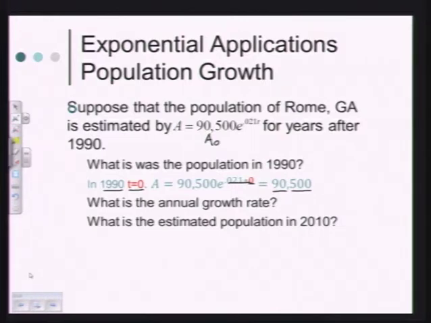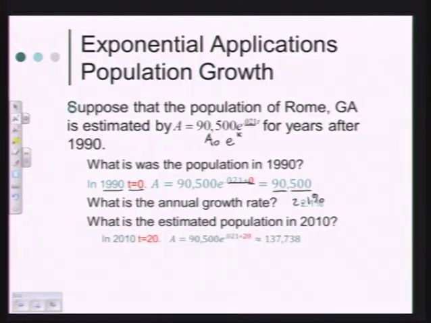What's the annual growth rate in this case? Well, the annual growth rate is k in our formula. And k is 0.021, or written as a percent, 2.1%. Meaning that it's estimated that about that time period, Rome was growing by 2.1% per year. Now, what's going to be the estimated population then in 2010?